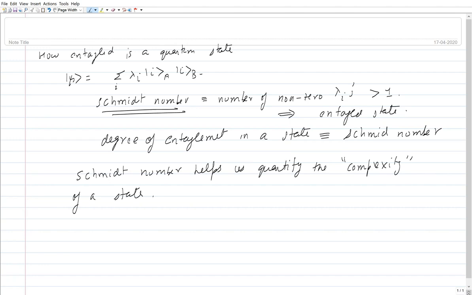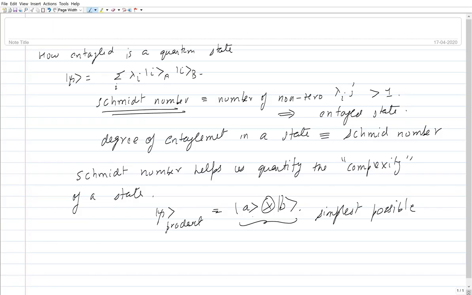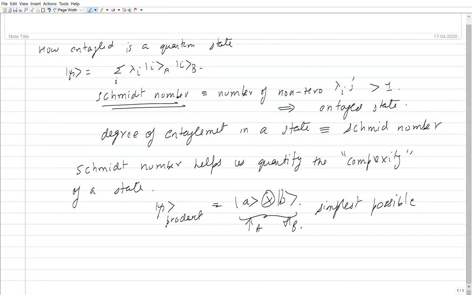So intuitively speaking, a product state, in the sense a state in the form of just a tensor product, is the simplest possible state in the sense it can be written just as a product of two states, one on system A and the other on system B. And the states which cannot be factored like that, we call them entangled states.